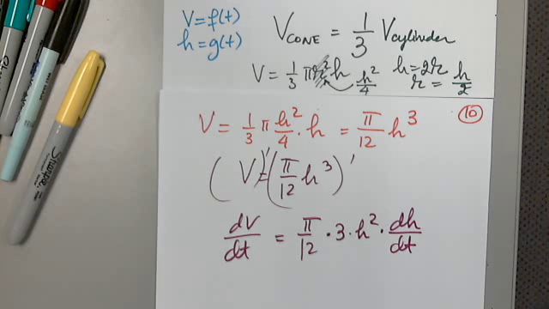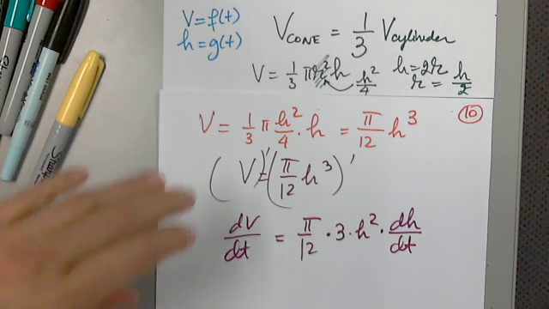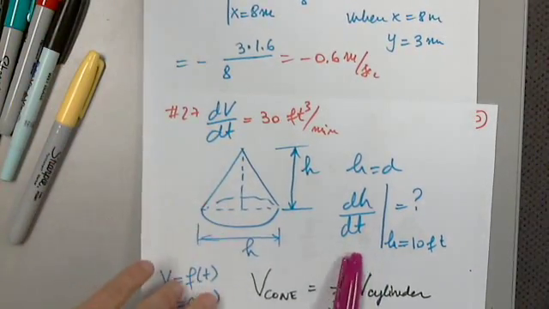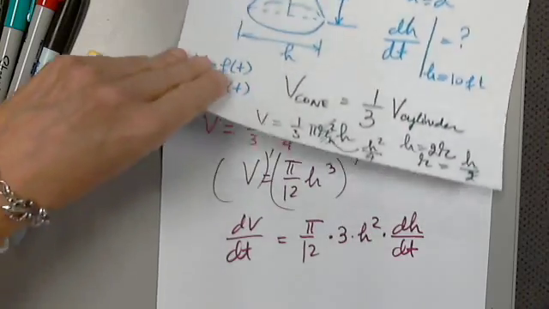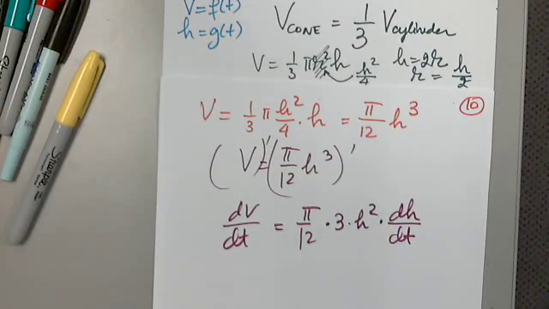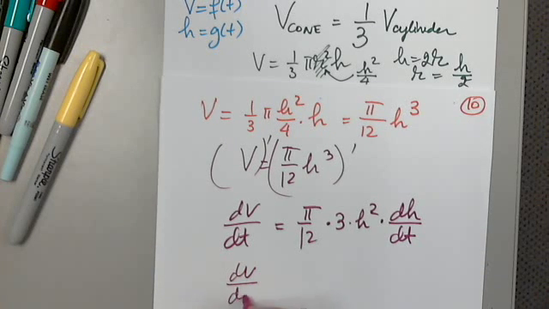Is this okay, everyone? What are we after? That's why I need to write myself a note. I'm after dH over dt. I have to solve for dH over dt first.